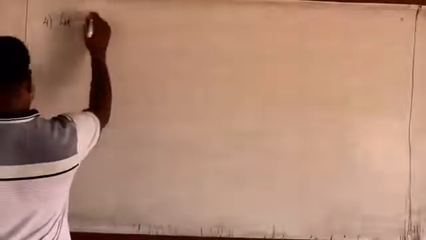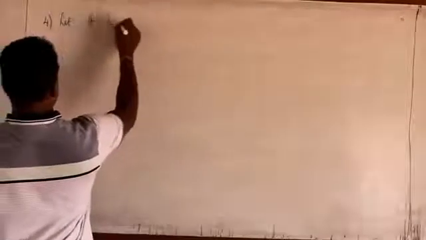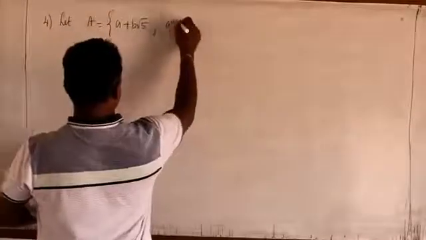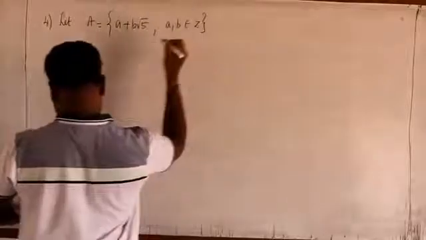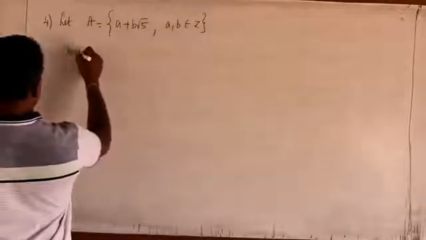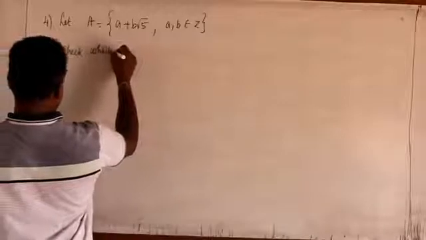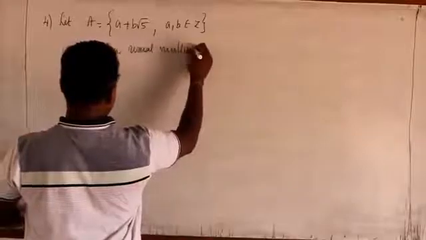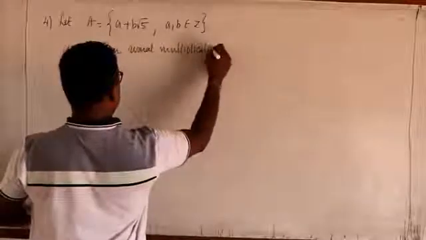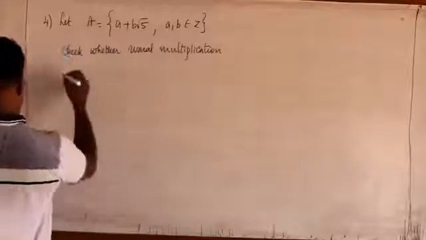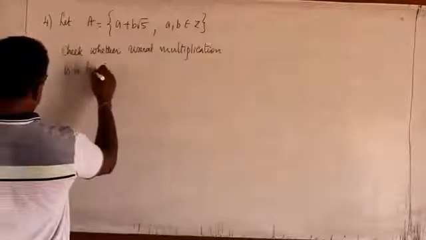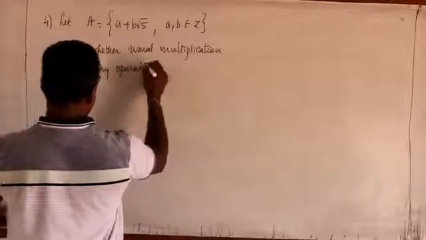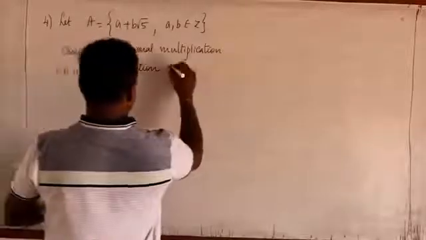Let A equal to the set of A plus B root 5, where A, B belong to Z. Check whether usual multiplication is a binary operation on A.